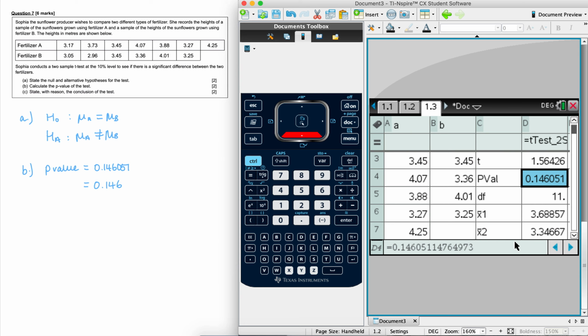And then we need to state the conclusion to the test. So the easiest way to do this is to sketch it. Okay, so we have our value, our rough distribution. Okay, it's not a very good drawing there. And we're interested in a 10% level. Okay, a 10% level. And we're actually looking at both sides. So 10% level both sides, which is kind of like a 5% level either side.